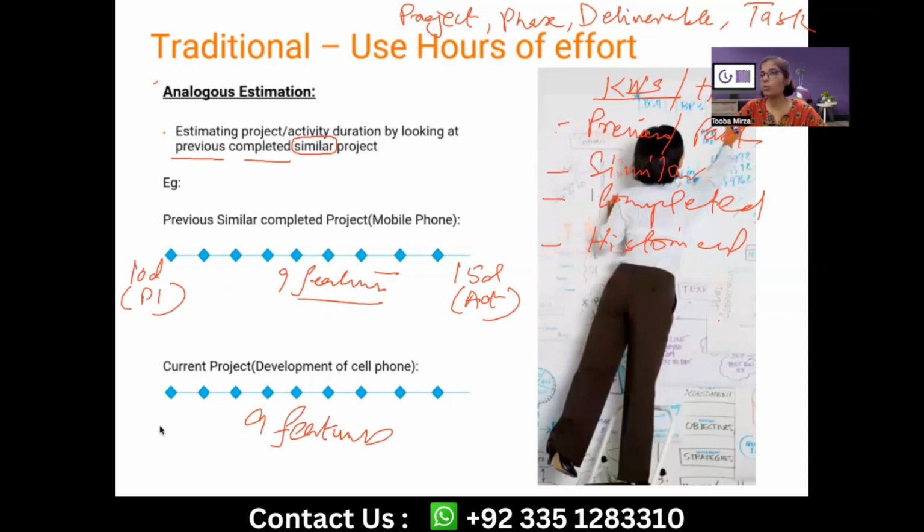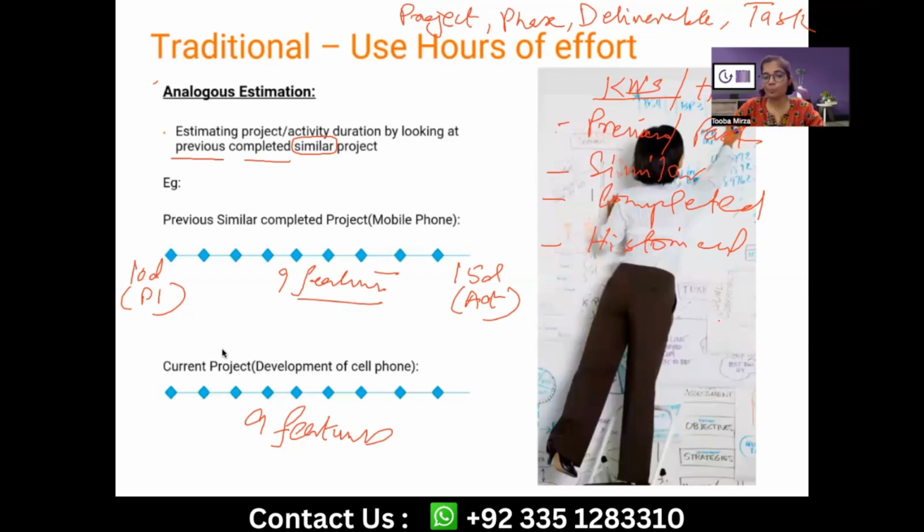Maybe you don't call it by this name, but it's very usual that we refer to past artifacts, past plans, or other registers or project documents to help us understand how the upcoming project planning should look.